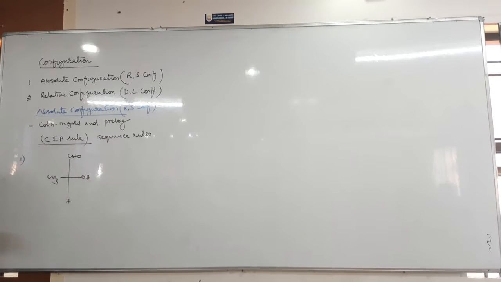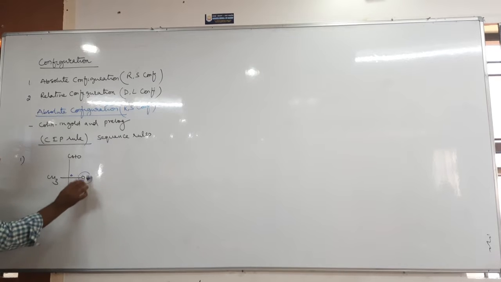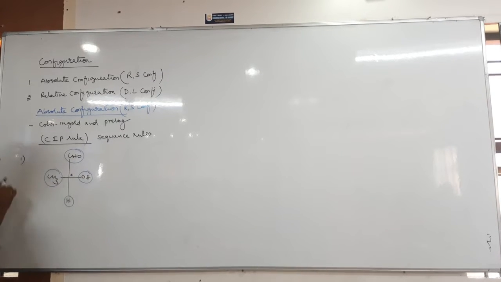In the CIP rule, the first rule is to identify the asymmetric carbon. This is the asymmetric carbon, right? Now this asymmetric carbon has 4 different groups: hydrogen, OH, aldehyde and methyl group. Therefore identify the groups or atoms present on the asymmetric carbon and give the priority.